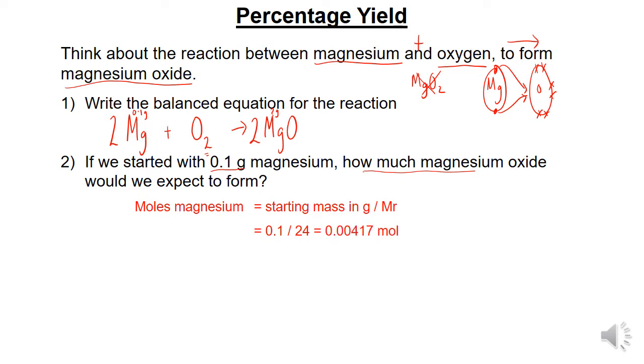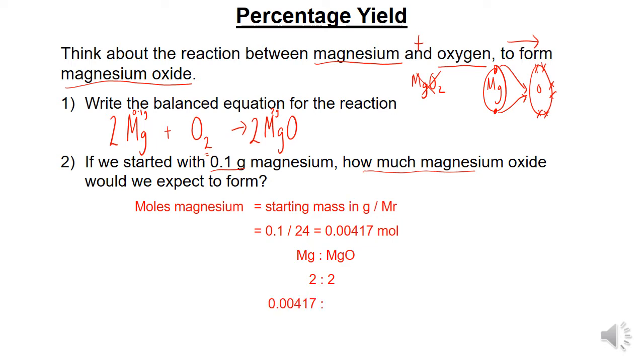And when we put that into a calculator, that comes out to be 0.00417 moles. Now that we know the moles of magnesium, we can use the ratio and look at the moles of magnesium oxide formed. So there's magnesium looking towards magnesium oxide. We ignore oxygen completely. And the ratio in the balanced equation is 2 to 2. Now, 2 to 2 is the same as 1 to 1.